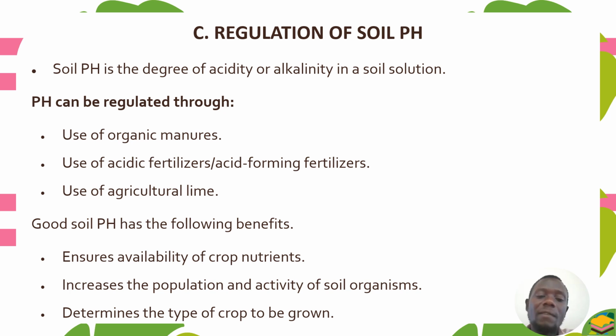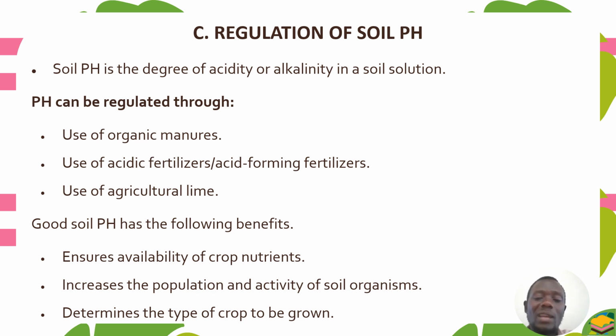Another is use of acid-forming fertilizers. If you are using acid-forming fertilizers, you are able to regulate the soil pH, more especially when the soil is basic.